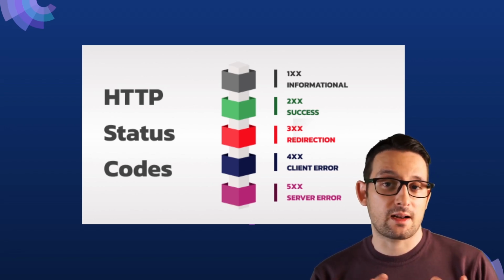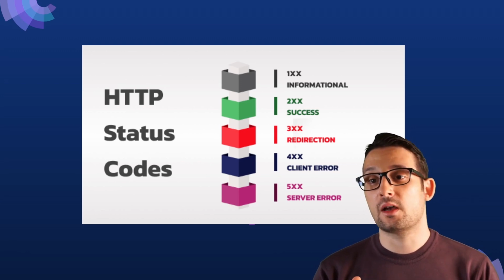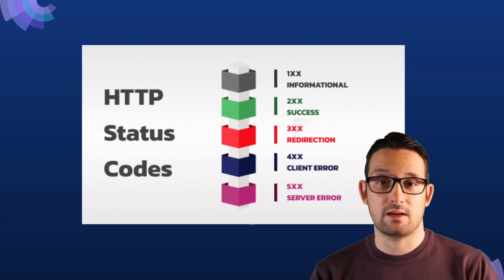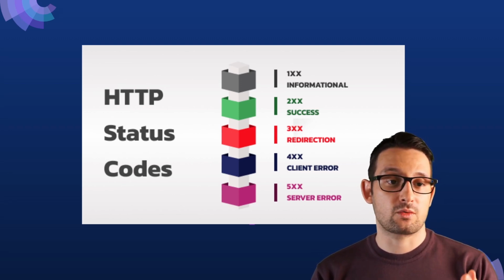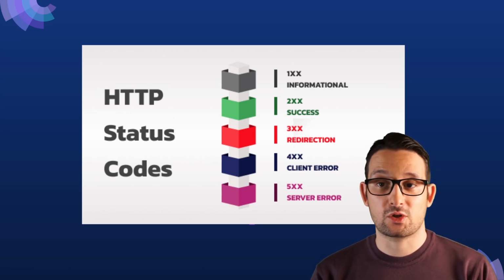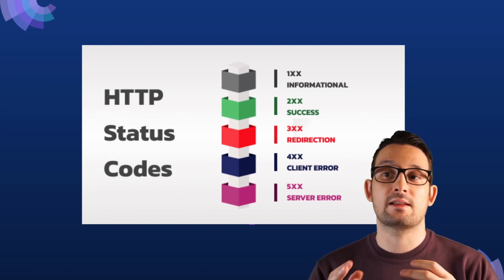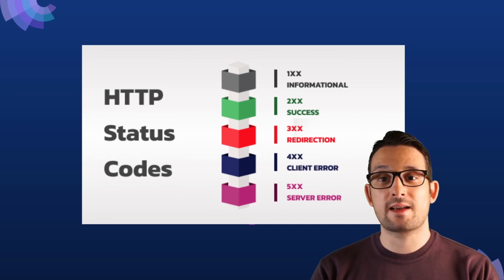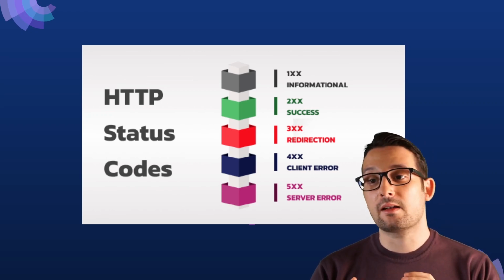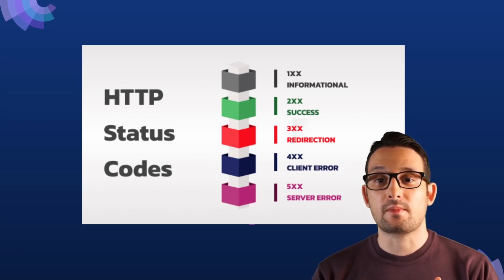There are 5 different classes of HTTP status codes, each with its own specific meaning. For example, the first one in black here, 100, means informational. These status codes indicate that the server has received the request and is continuing to process it. The client should wait for a final response.